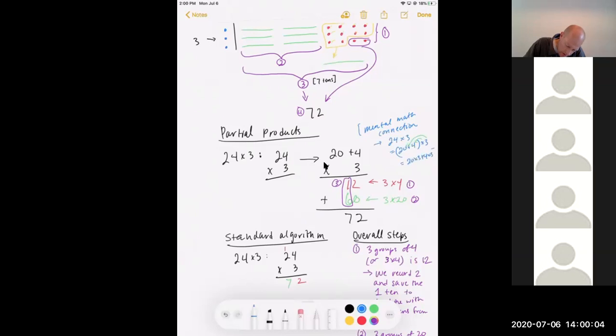So that's why we're breaking it down into the partial products. This is the distributive property that helps make it happen. So we are very grateful for that one. The multiplying by 10 helps us get 20 times 3 as 60 instead of just 2 times 3 as 6. Okay? And then we add them together right here. We add them together as the other key component to multiplying with the standard algorithm.